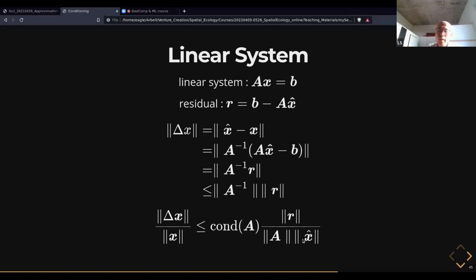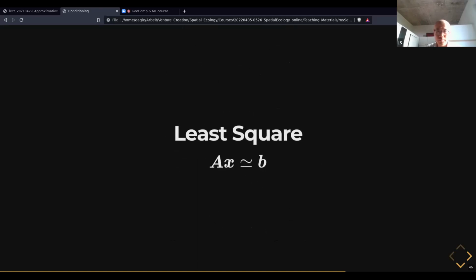Whatever the matrix norm and vector norm are, we cannot do much. But the key point is that this error is reflected not only in the residual, but also in the condition number. If you have a small residual but a big condition number, your error bound is also not good. Your model is still not a good model. This is a key point I want to demonstrate for this linear system.